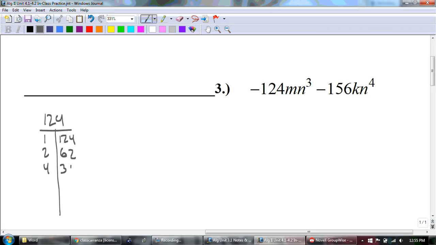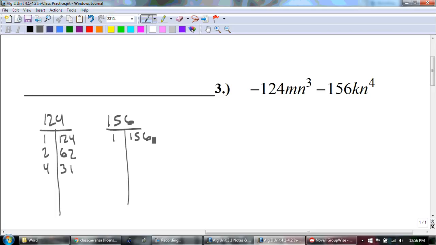Yeah, 4 and 31. 5 doesn't. What about 6, 7, 8, 9, 10, 11, 12, 13, 14, 15, 16, 17? No, that's it. Okay, so we also have to do 156. So go ahead, use your calculator and figure them all out.